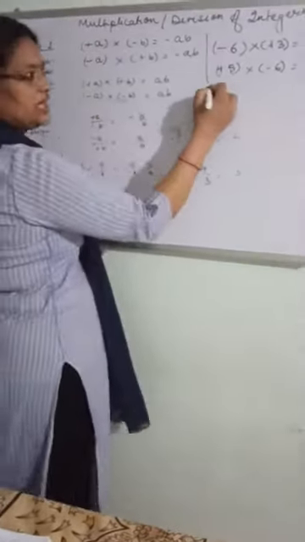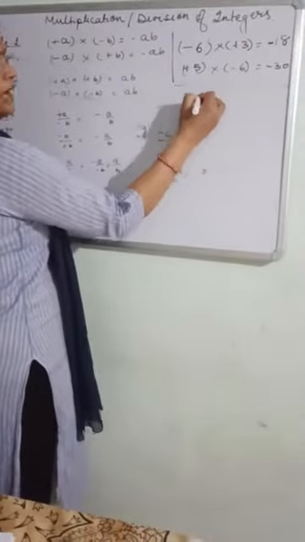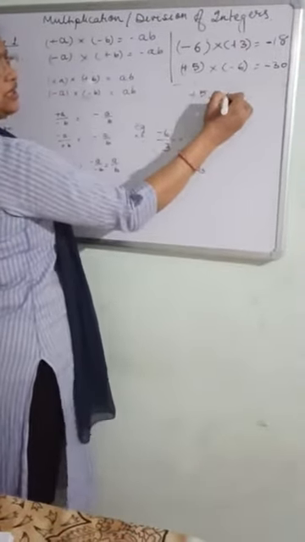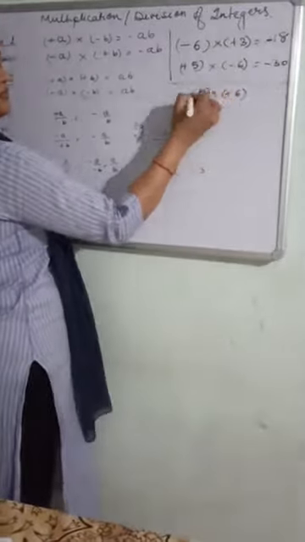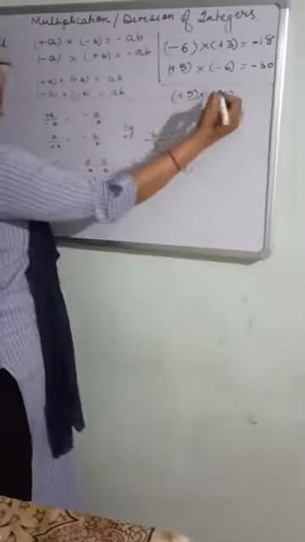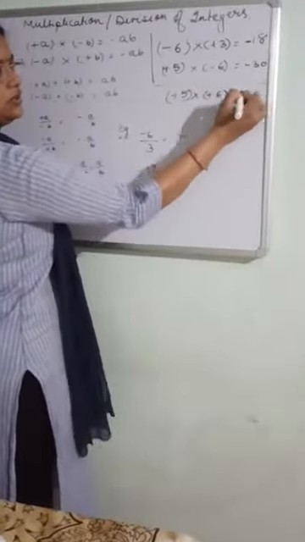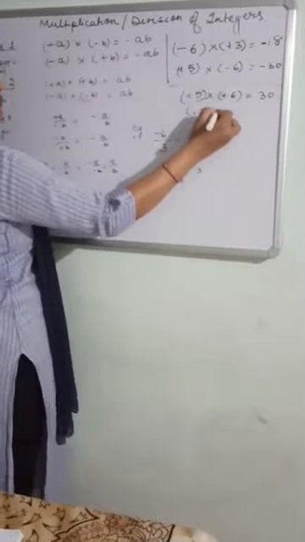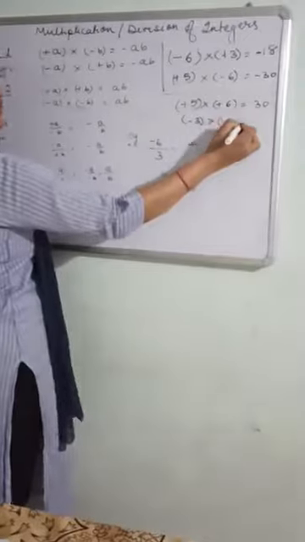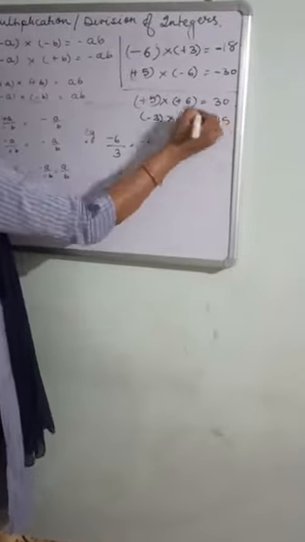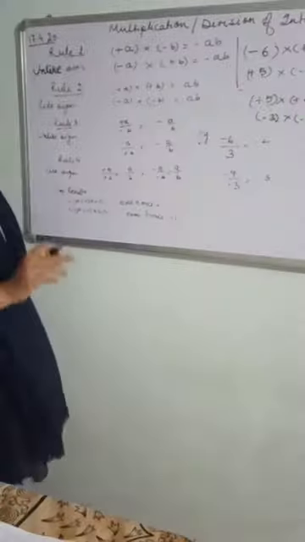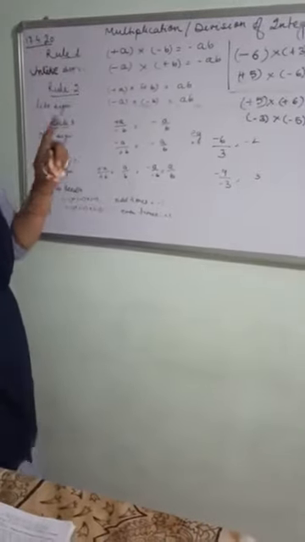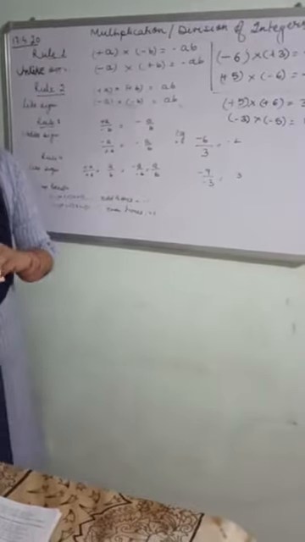You can check with the example. Plus 5 into plus 6. Both the numbers are of positive sign, so answer will how much? 30. If both the numbers are negative, minus 3 into minus 5. So it is plus 15, not negative 15. So this is about the rule for multiplication.